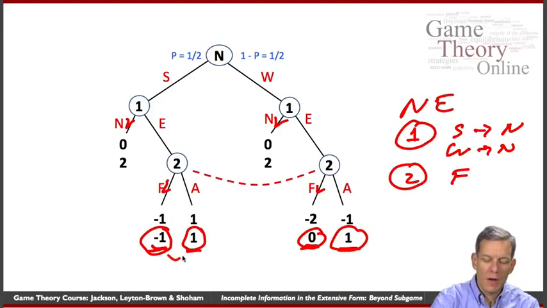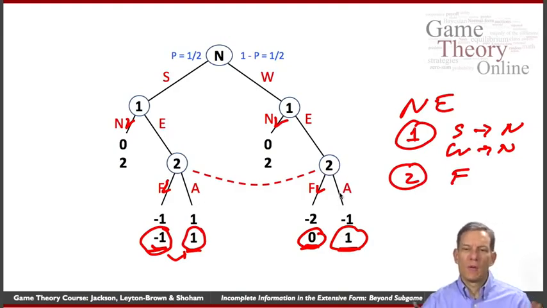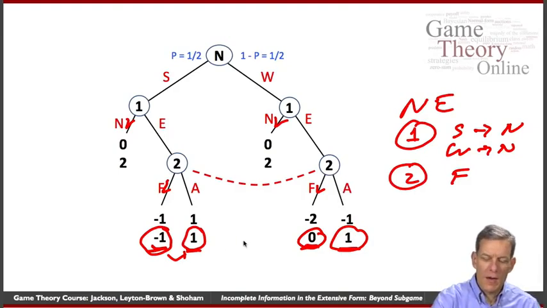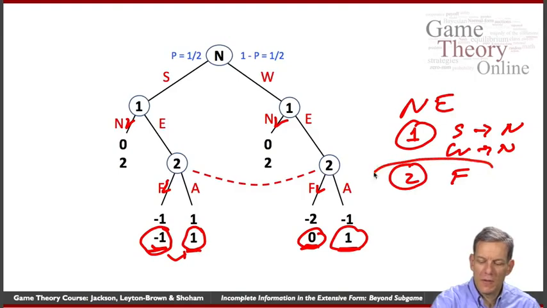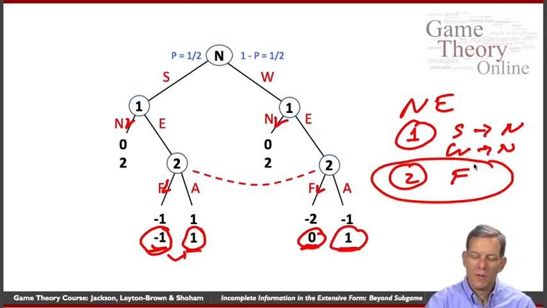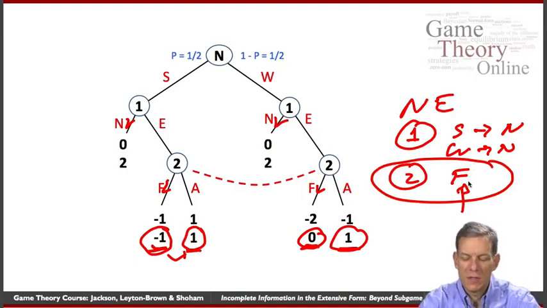So no matter what the type of the firm, two should really acquiesce. They get a higher payoff from that. So this is somehow not credible. We're losing credibility, but it's still consistent with Nash.